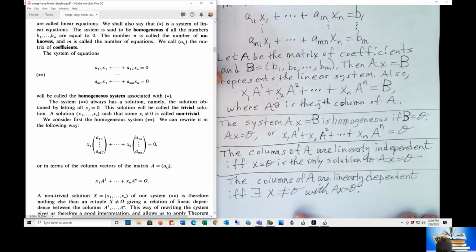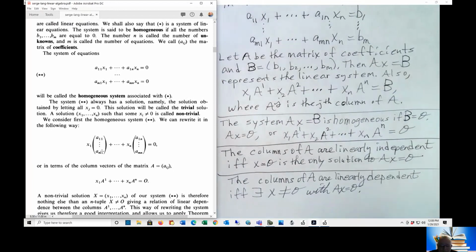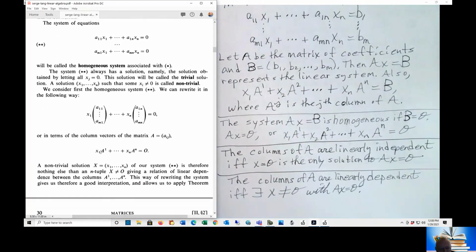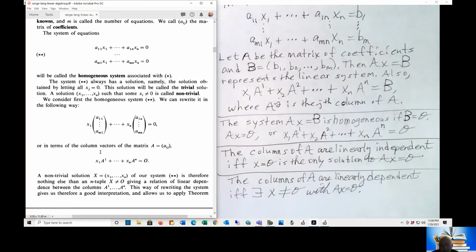And using that notation, we immediately see then that the columns of the matrix are linearly independent if and only if x equal a 0 vector is the only solution to the system AX equals 0.